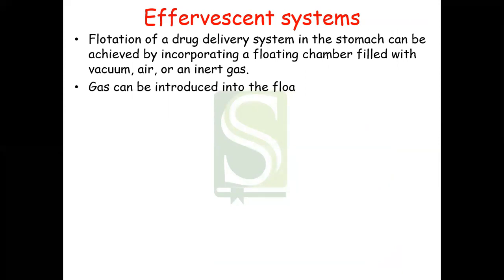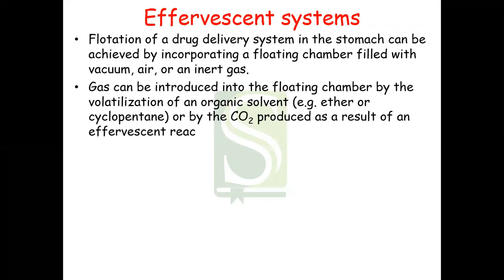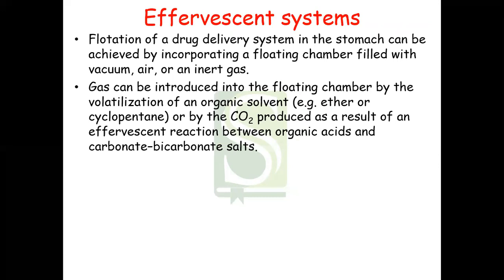The gas can be introduced into the floating chamber by volatilization of an organic solvent, for example ether or cyclopentane, or by production of CO2. CO2 can be produced as a result of an effervescent reaction between organic acids and carbonate or bicarbonate salts.